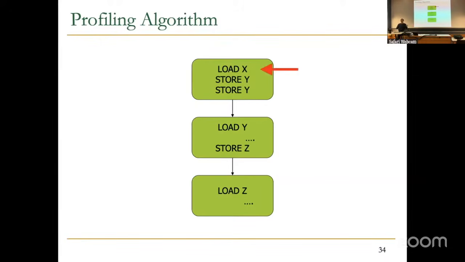In this case, if you profile the program, you will find out that this load Y touches some data that's produced by a prior store. Clearly, this is intersegment data. You can identify intersegment data easily. And you can mark this last store as a generator instruction, not this store, in this particular case. You can mark both of them, but then you may be sending some useless data unnecessarily.